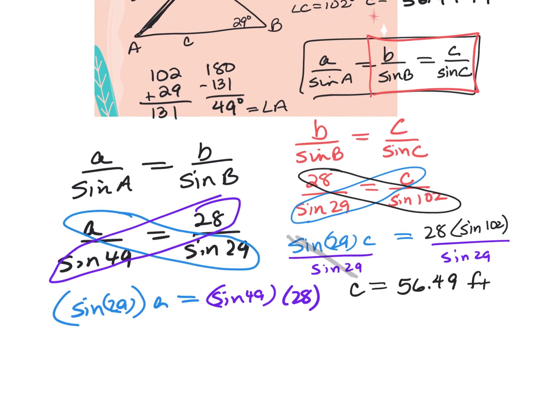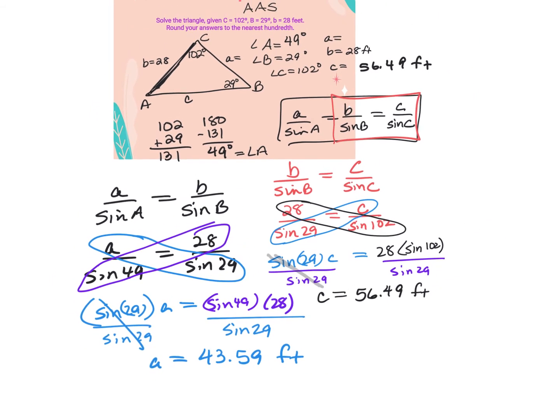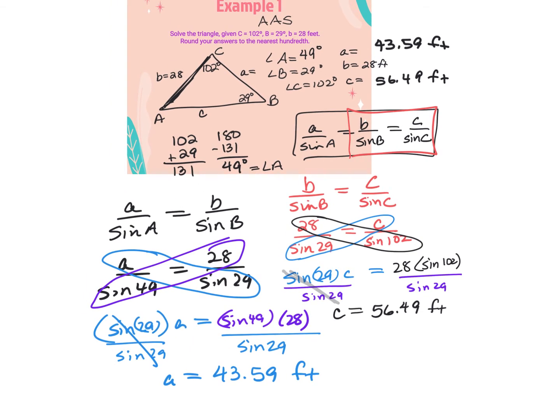Divide both sides by the sine of 29. That cancels. And once you do this on your calculator, you are going to get 43.587, so rounded to the hundredths place, 43.59. So now you have solved the triangle, because you have all 6 pieces of information. So just like we did before, except it's not a right triangle, and we're using the law of sines.